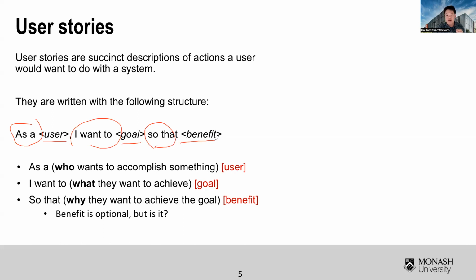This is very important. As a user, I want to see the list of properties so that I can find the property that I want to apply for.